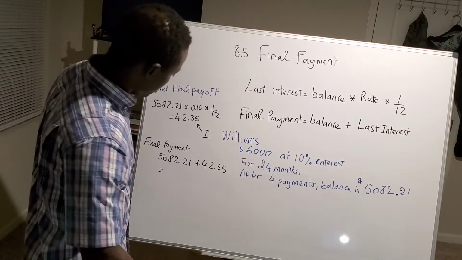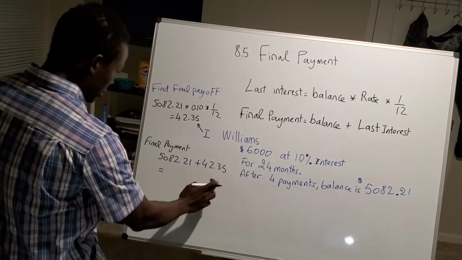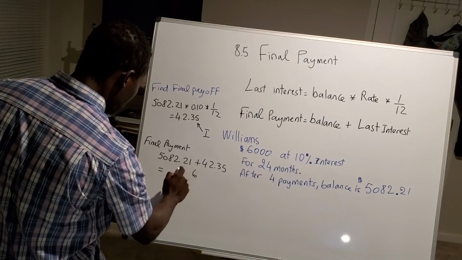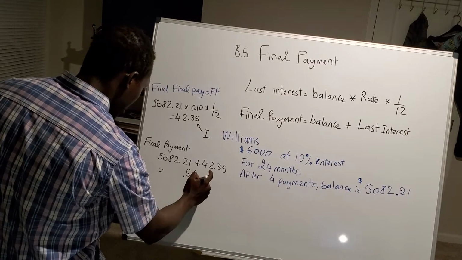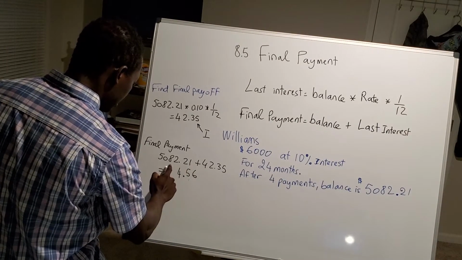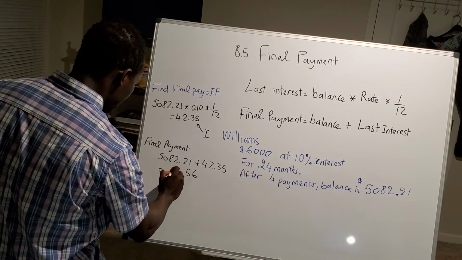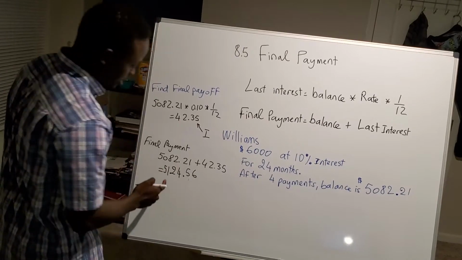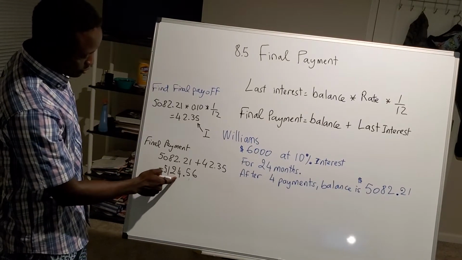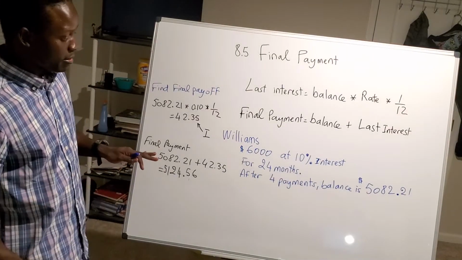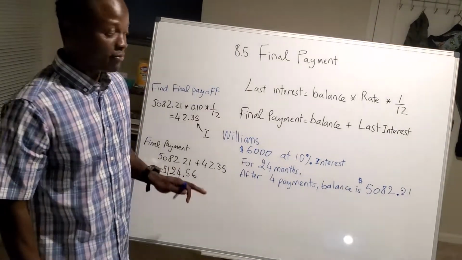So, let's do it: 5 plus 1 is 6. 3 plus 2 is 5. 2 plus 2 is 4. 4 plus 8 is 12, and then 1, and then 5. So the answer is going to be 5,124.56. Okay, so this is my final payment.